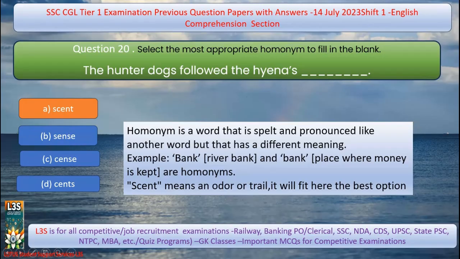Scent means first, we'll say this one. A homonym is a word that is spelled and pronounced like another word, but that has a different meaning. Like bank, river bank, and bank, place where money is kept, are homonyms. They are spelled and pronounced similarly, but the meaning is different. Now, scent means an odor or trail. It will fit here as the best option.